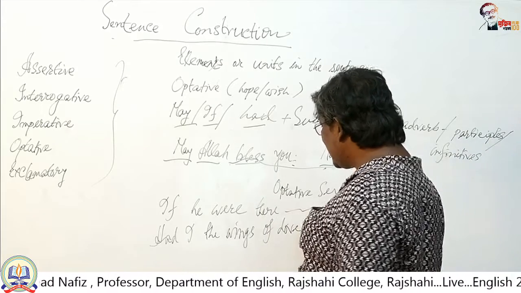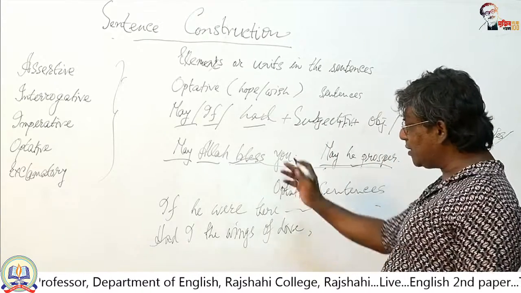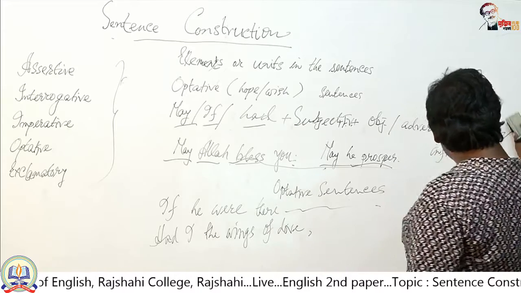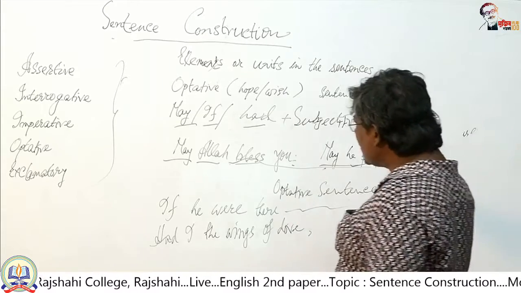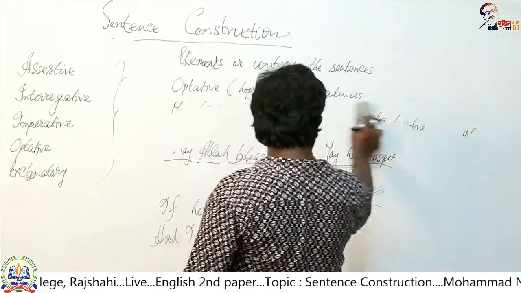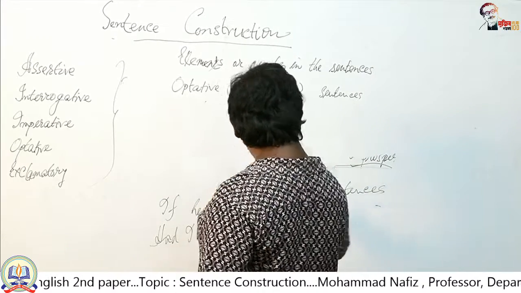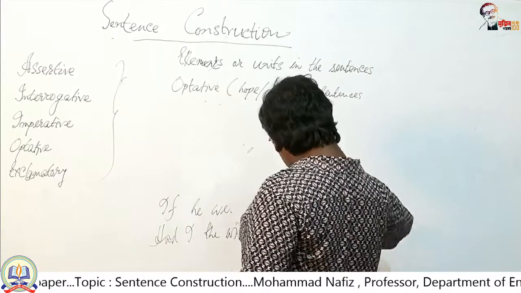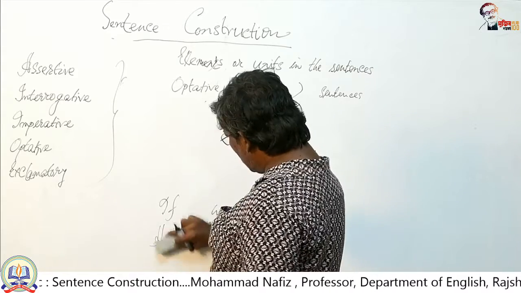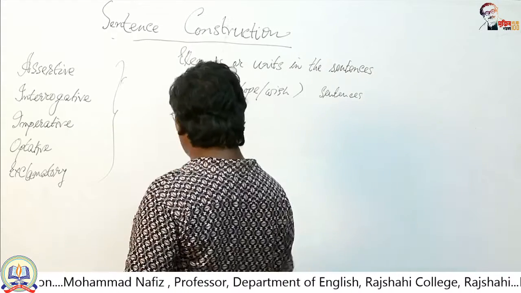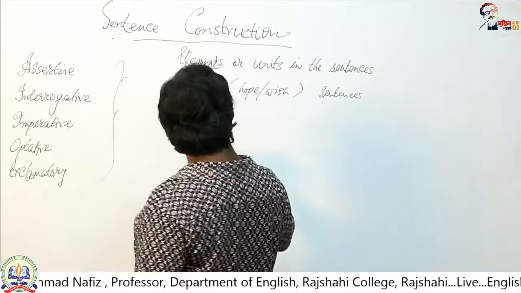All these are the expressions, the presentations in the operative forms of sentences. Operative sentence means expression of hope or wish. Finally, we have the last pattern of sentences depending on our attitude or motive of expression.